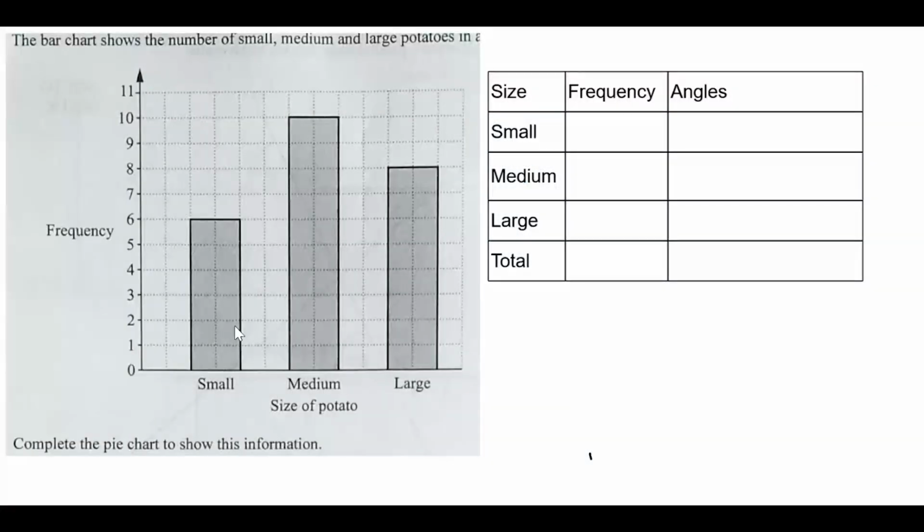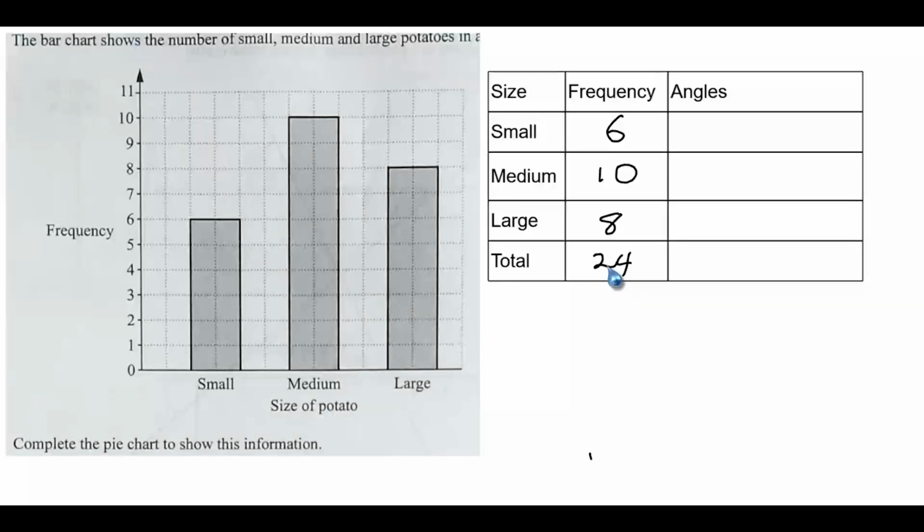If you look at the grid, you see that the frequency of the small size of potato is 6 here. So we can write 6 here. Then if you look at the medium size, it is 10. If you look at the large, it is 8. And the total is 24.